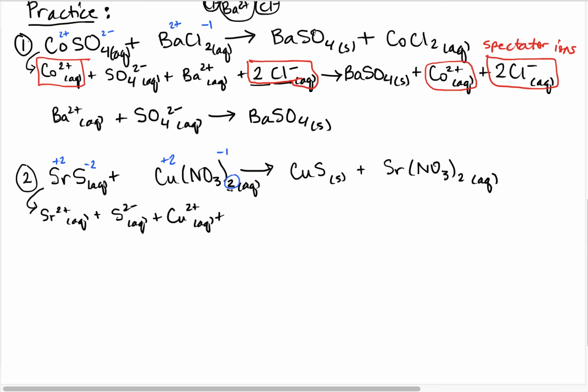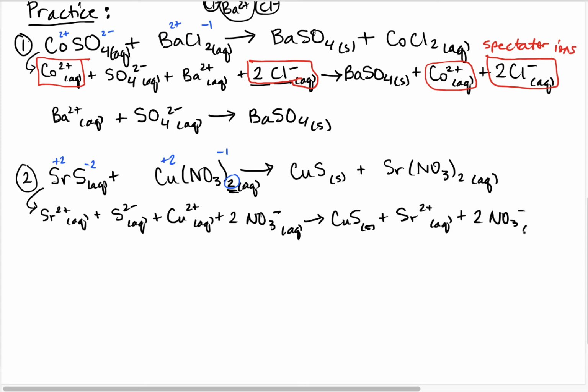And remember, we have 2 nitrates, so the 2 goes in front to make copper sulfide, leftover strontium ion, and leftover nitrate ions.